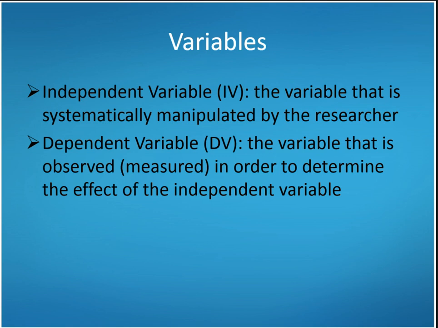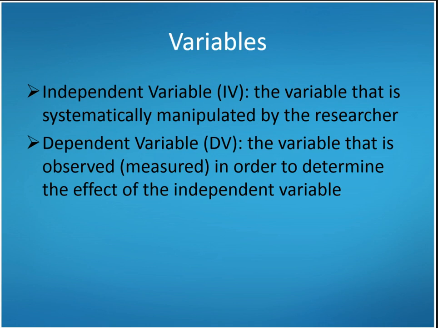Variables are given special names that only apply to experimental investigations. One is called the dependent variable and the other is called the independent variable. So in an experiment, the researcher is looking for the possible effect on the dependent variable that might be caused by changing the independent variable.